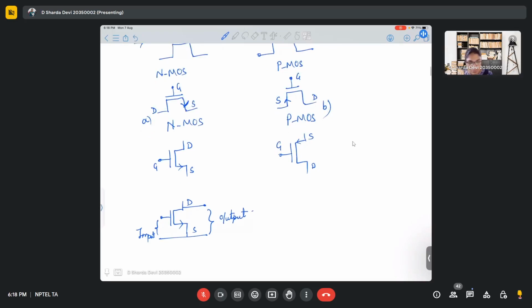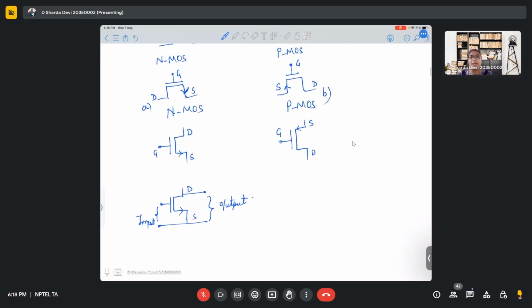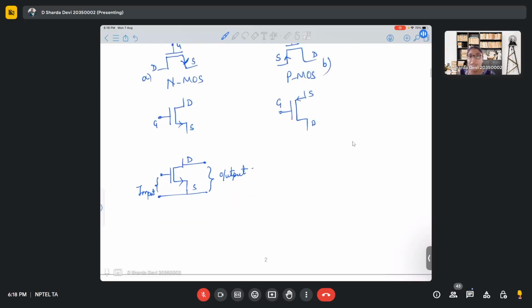So if you have two ports, then how many different types of characteristics can you get out of them? For a two port device, how many characteristics can you get? Characteristics. Six characteristics, can you name them? Ma'am, three.